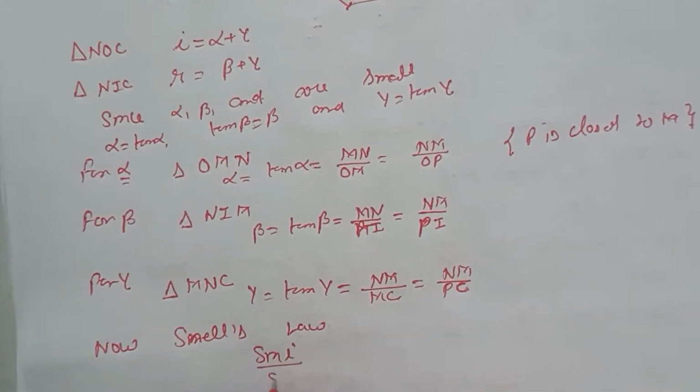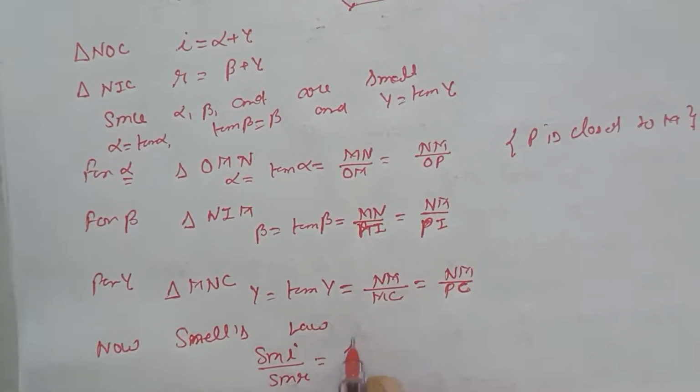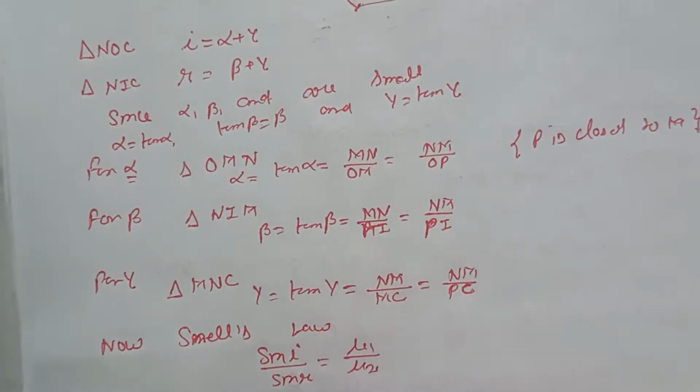Now Snell's law. Sin I divided by sin R equals mu1 divided by mu2.